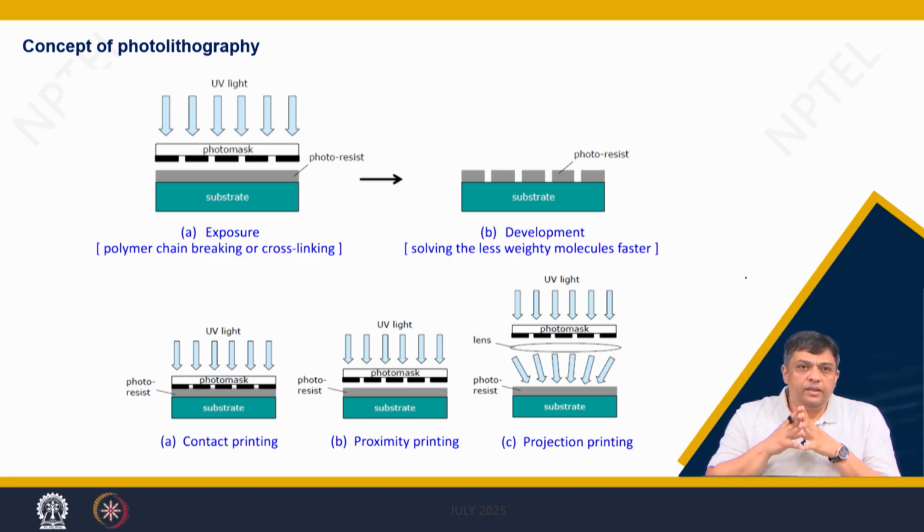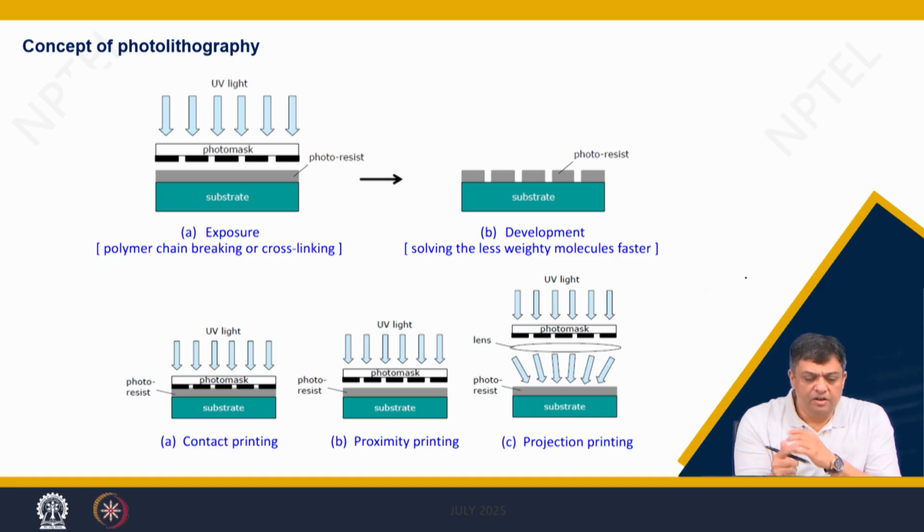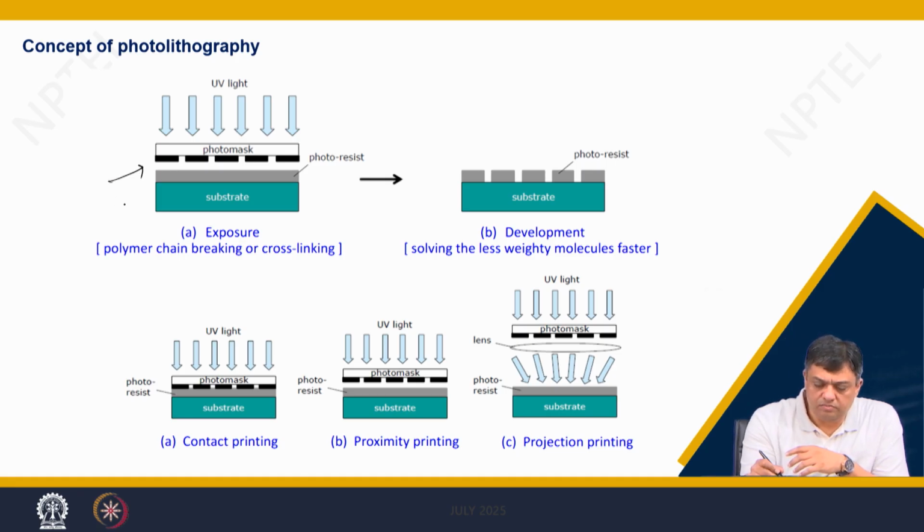Now, if you look into the whole process, we had talked about a single structure, but you can carry out the same process if you have a photo mask with different patterns.